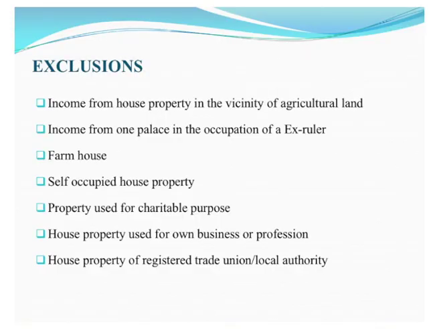First one, income from the house property in the vicinity of the agricultural land. Second one, any income which has been earned by an ex-ruler is not considered and not charged under the head income from house property. Next, any income which has been earned from the farmhouse.